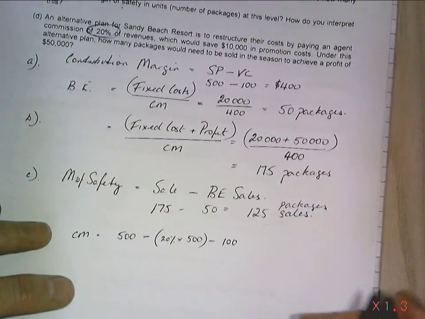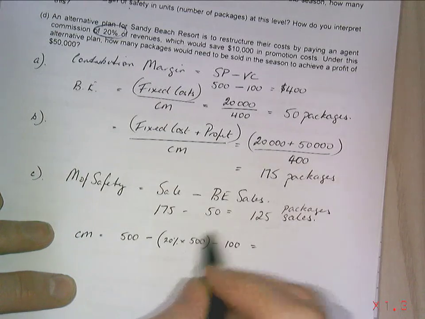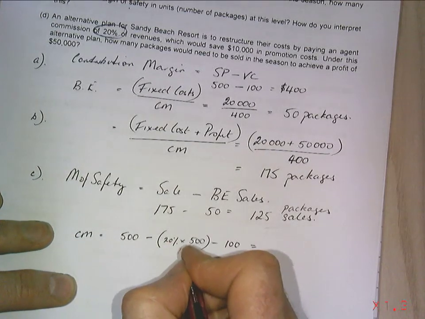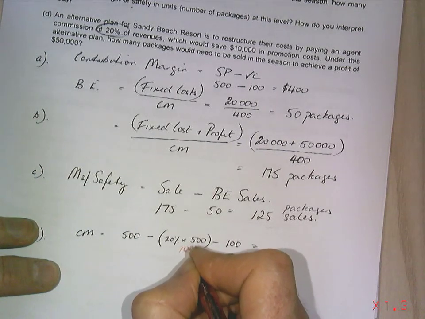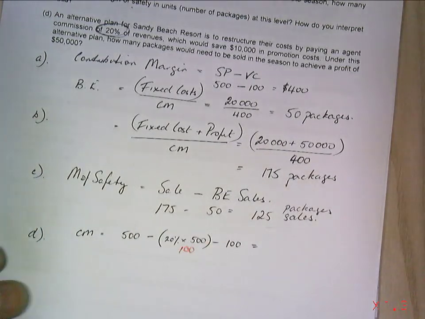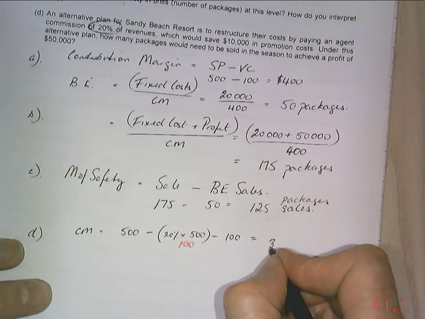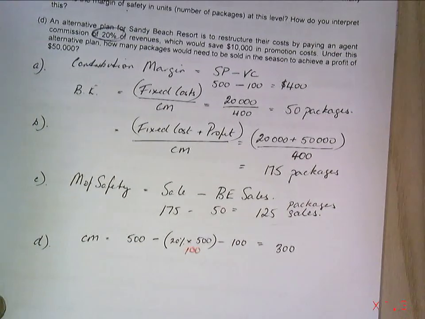So that's $100 there. So this makes $300 as my contribution margin.